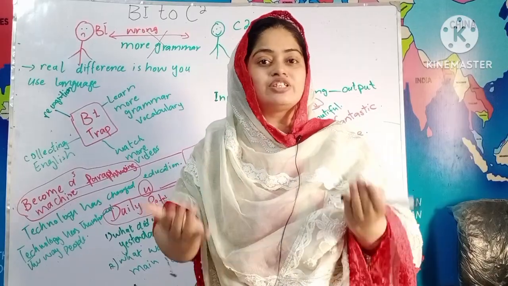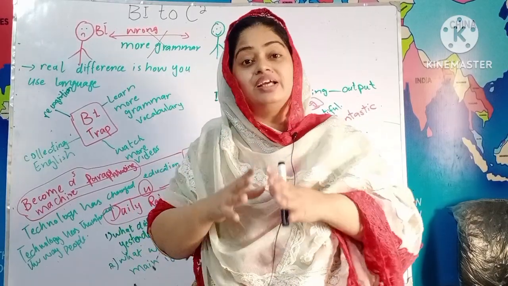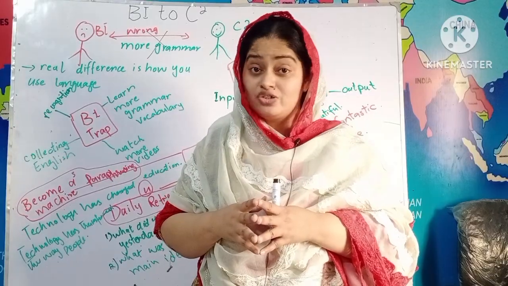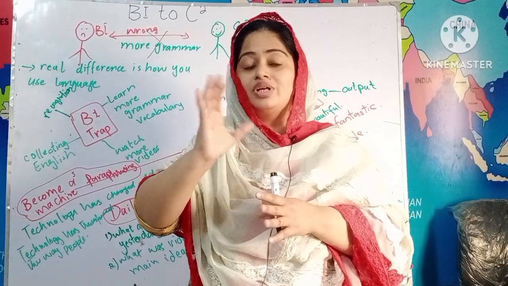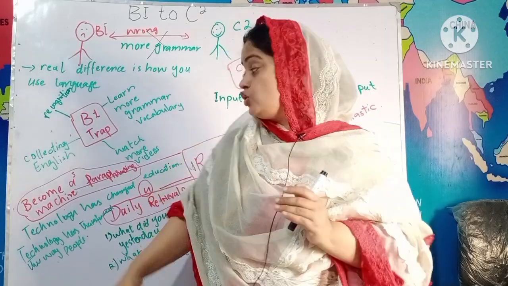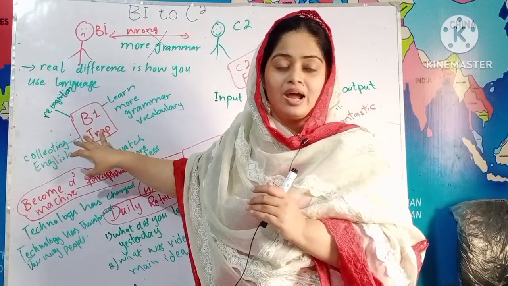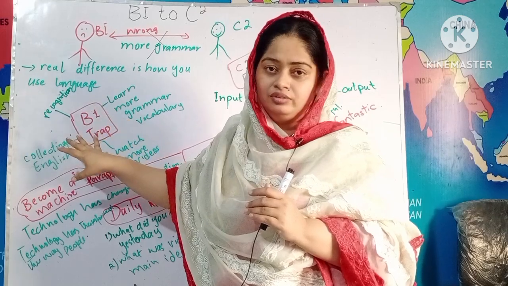Likewise, if you are just collecting English words, collecting the plethora of English knowledge, but you are not utilizing it in an appropriate way, using different kinds of rules, then you will be in that trap forever and ever.